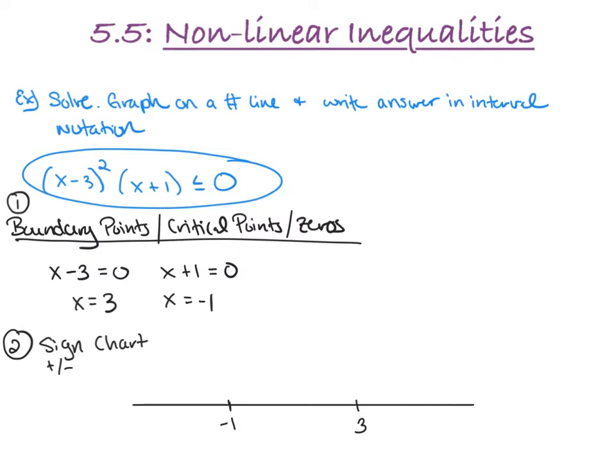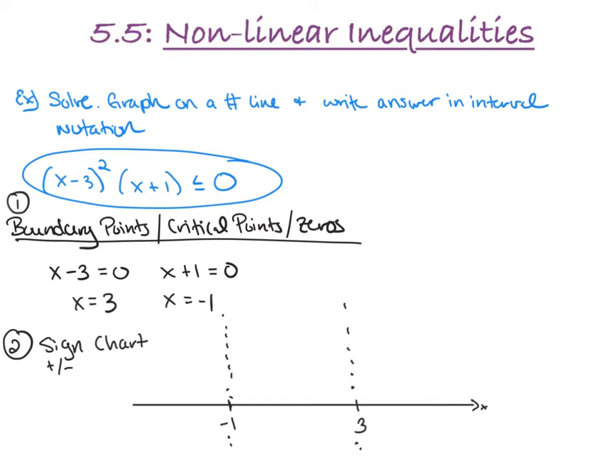These boundary points are going to create columns for me. So what I have right now is 3 columns. Remember this number line is just the x-axis. All of the x values that are less than negative 1, all of the x's that are between negative 1 and 3, and all of the x values that are bigger than 3.